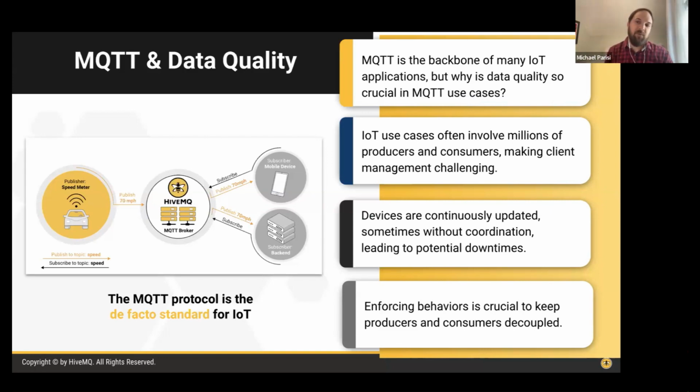They're continuously being updated for bug fixes or adding new features. In many circumstances, third-party vendors update their devices and they're not coordinating with the data consumers, and this can lead to unwanted or costly downtimes of application logic. So the idea is to enforce necessary behaviors to keep producers and consumers decoupled.